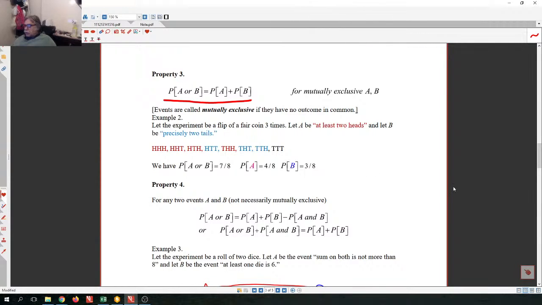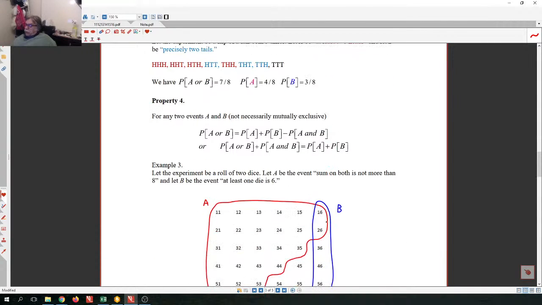This property must hold. It's one of those properties that is kind of self-evident here, obviously. But for any probability it must hold, even with infinitely many outcomes that are not equally likely. And it makes perfect sense to us that this property holds.